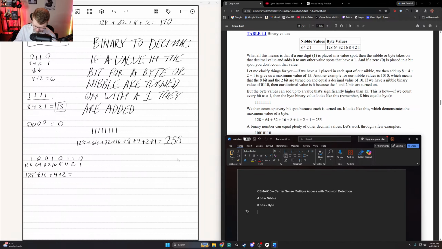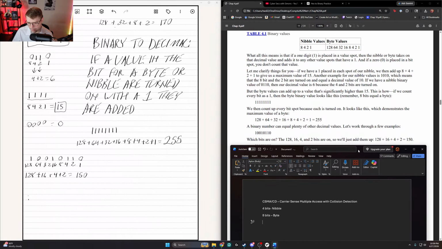So 128 and 16, I'm going to cheat. 16 plus 4 plus 2, we have 22. So 128 and 22 is 150. If we have the byte of 1001 0110, we can add those together to get a value of 150.